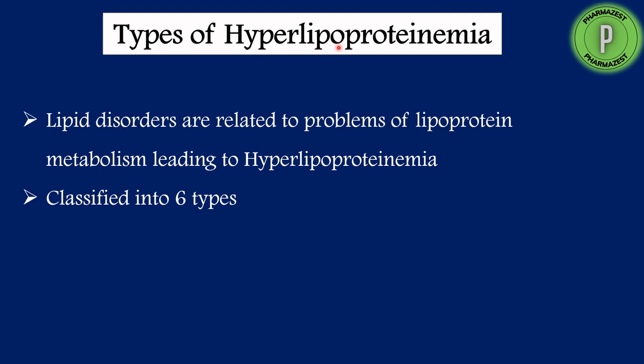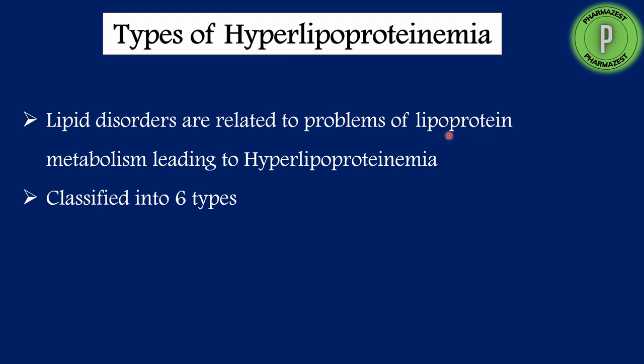Next, how many types of hyperlipidemia are there? This hyperlipidemia is also known as hyperlipoproteinemia. There are different types based on the different levels of LDL, triglycerides and the chylomicrons which are present. These lipid disorders are related to problems of lipoprotein metabolism.